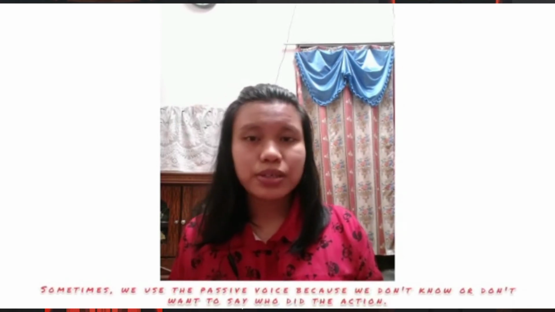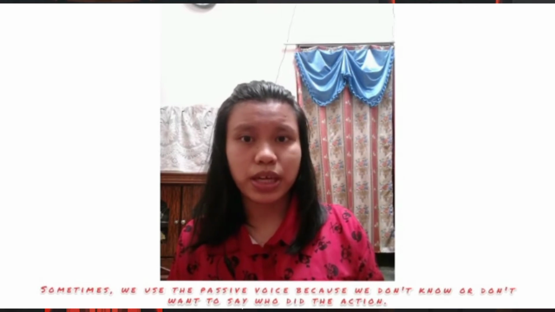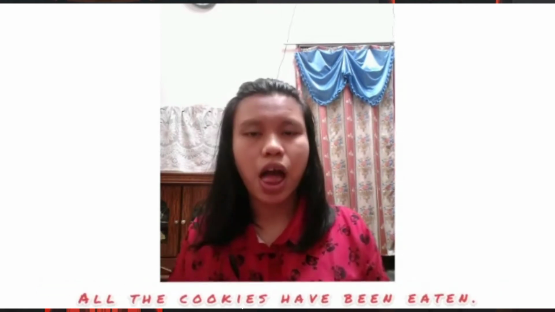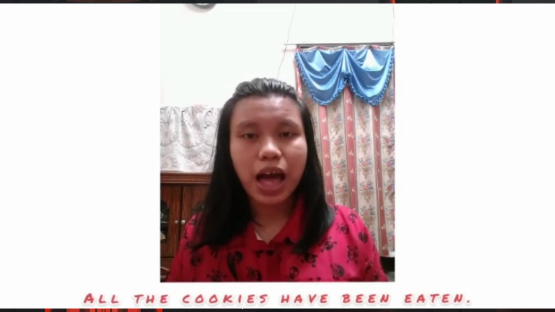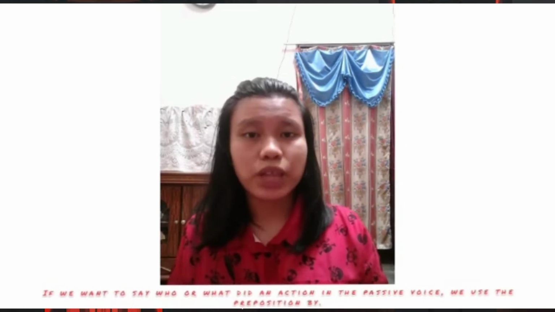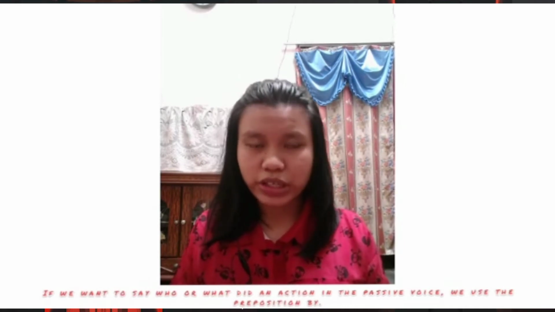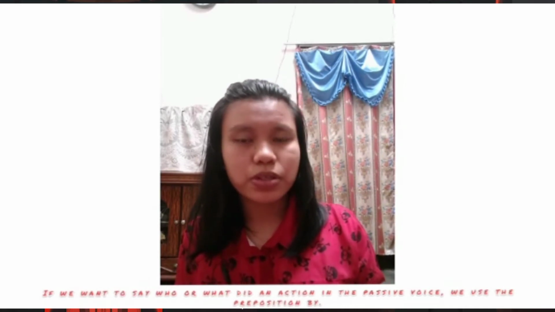Sometimes we use the passive voice because we don't know or don't want to say who did the action. For example, all the cookies have been eaten. The second, if we want to say who or what did an action in the passive voice, we use the preposition by.